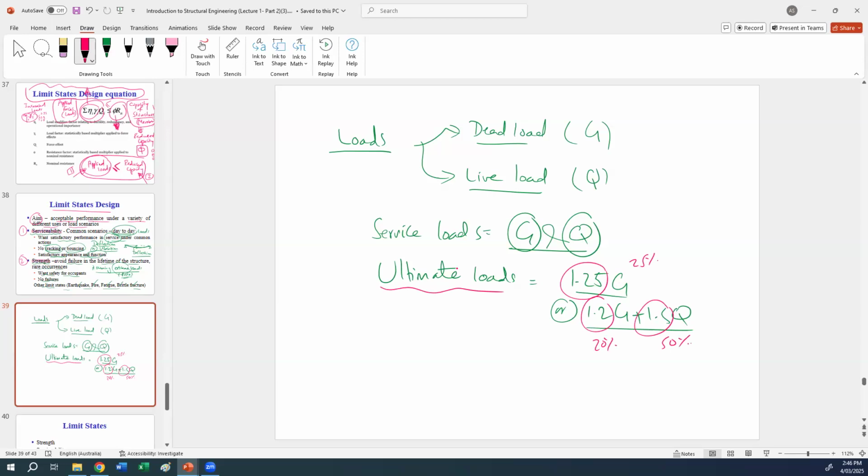Do you understand the difference between day-to-day or working loads and ultimate loads? The ultimate load means increased loads with a factor of safety, 25%, 20%, 50%, or so on. Serviceability loads means the load as it is, G and Q, dead load or live load or wind load, as it is.